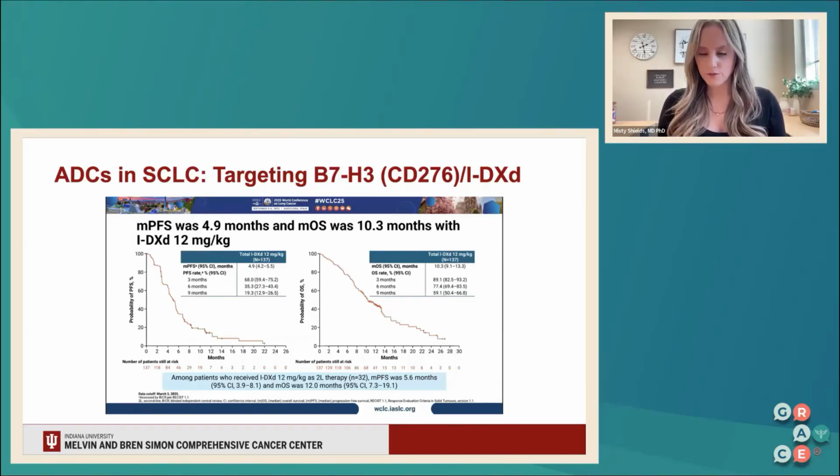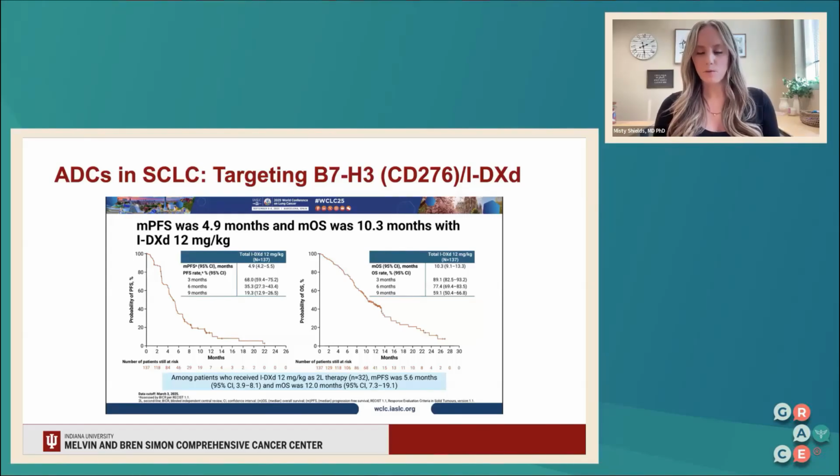Again, here, this is the progression-free and overall survival, meaning how long was a patient on therapy before the tumor started to grow or change. And that on average was about 5 months. Again, this is a median. This is not an absolute of one patient, but the collection of all the patients studied. And then the median overall survival for patients on this study was 10 months.